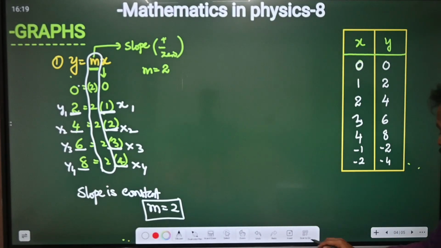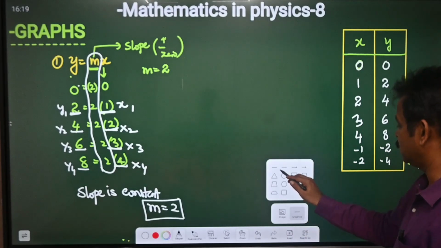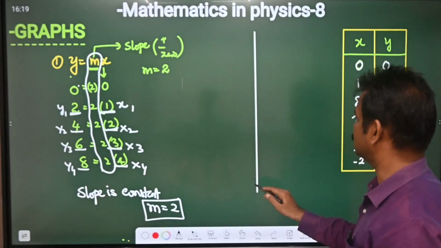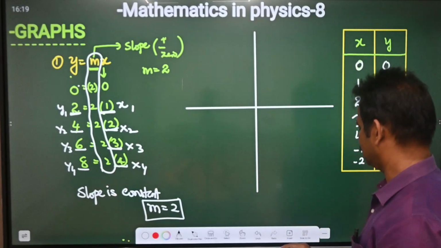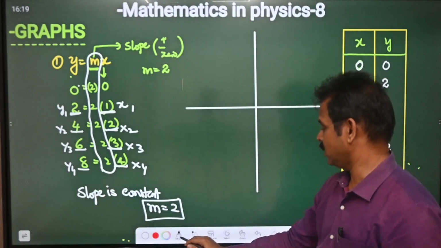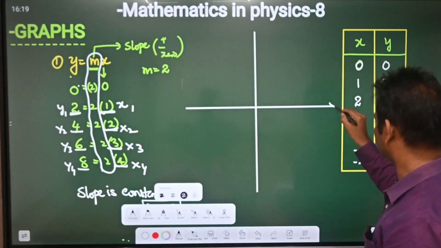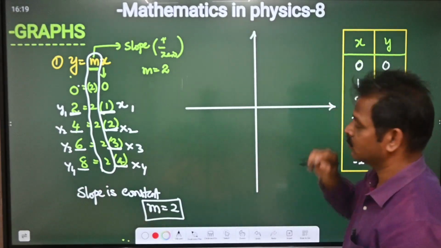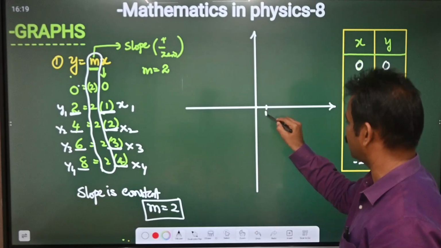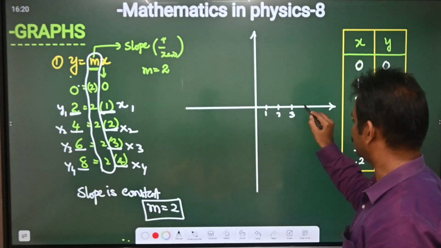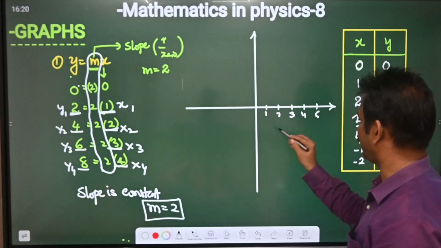Now we will draw the corresponding graph for this. So this is your y axis, this is x axis. In this case we will write this scale first. This is 0, 1, 2, 3, 4, 5.